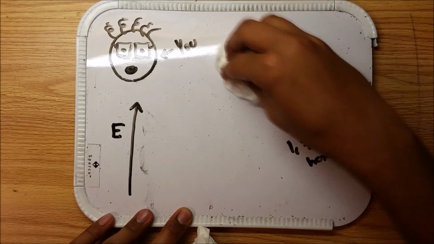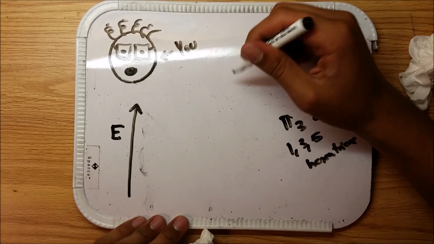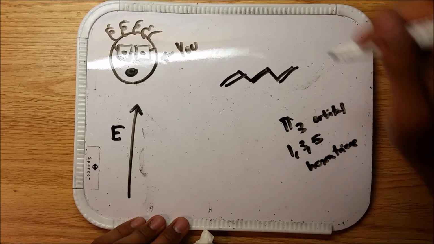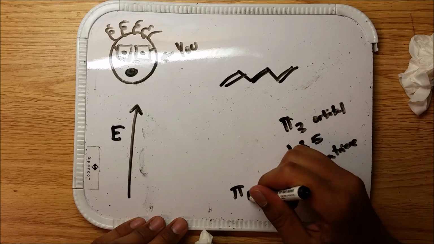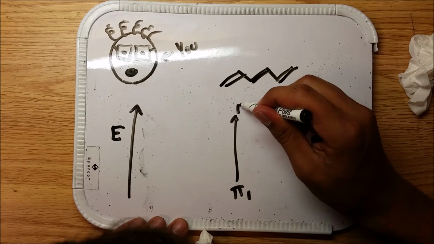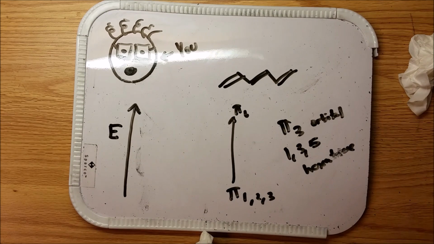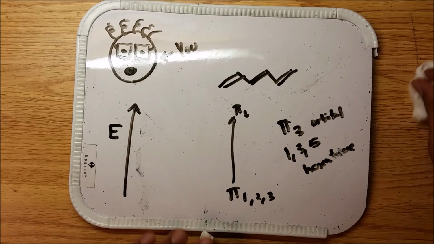Because a molecule like this has more carbon atoms, as you can see, it has 6 carbon atoms, we can have more arrangements, pi 1 through pi 6. So pi 1, 2, and 3 will all be bonding.